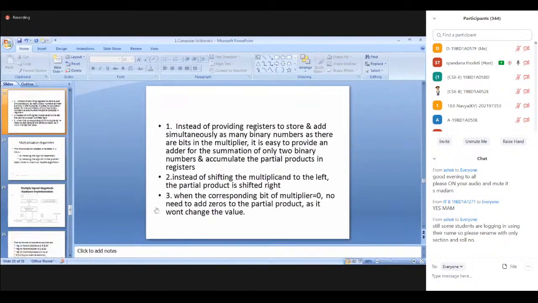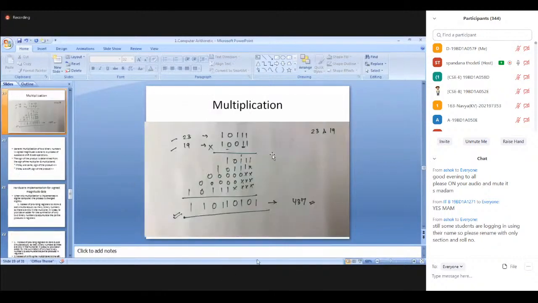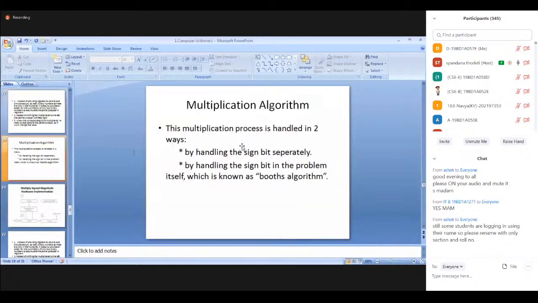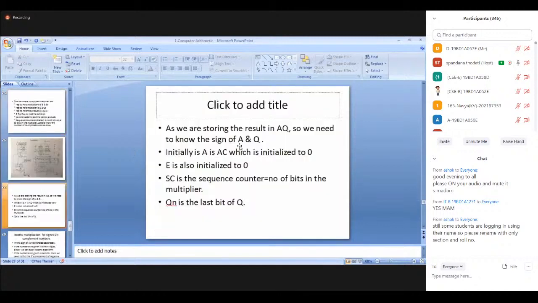When you see this example, you always start the multiplication by considering the last bit of your multiplier, which is your Qn. You may have n number of bits in the multiplier, but always start the multiplication process from the rightmost bit. First this one is to be multiplied, then only you can move on to the next bit, that is the left bit. That is the reason you are checking the value of Qn.